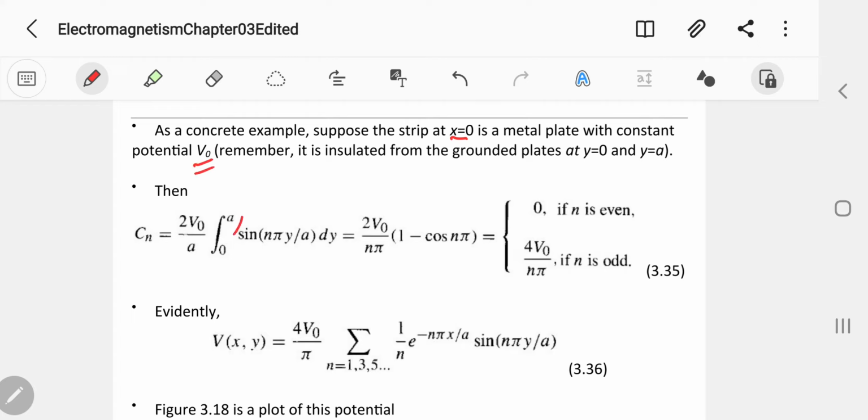You can take the V naught out of the integral, and this is the expression that's left inside the integral, and this would have an integral that looks like that. And of course this is just equal to this one. If n is even, that would be 0, and if n is odd, this would be 4 V sub o over n pi.